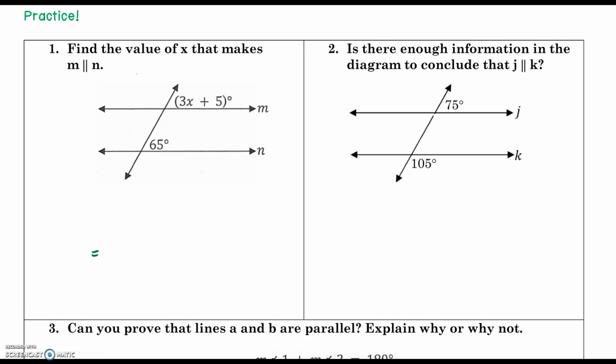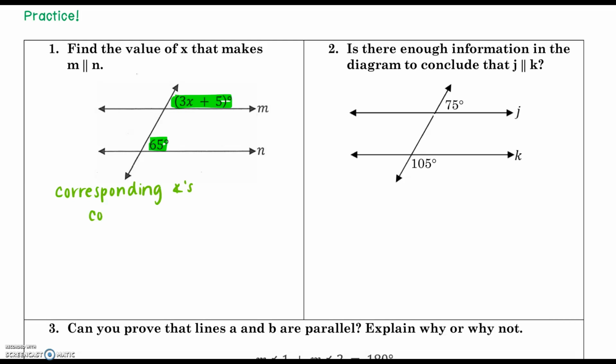So for the first example, we want to find the value of x that makes line M parallel to line N. So here we have two angles that are labeled 3x plus 5 and 65 degrees. These two angles we know are corresponding angles. They have the same position.